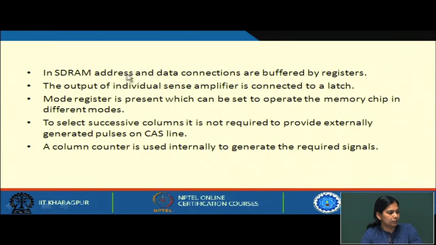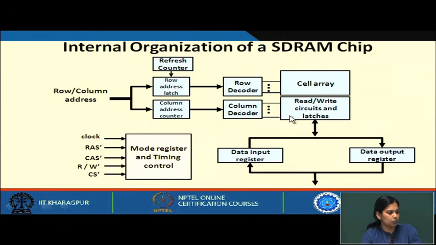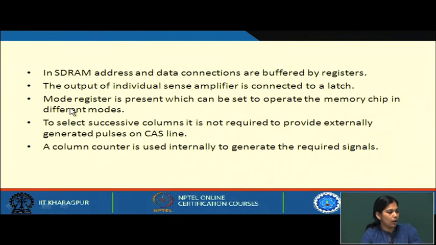So, in SDRAM, the address and data connections are buffered by registers. We have seen that the output of each individual sense amplifier is connected to a latch. A mode register is present, and it can be set to operate the memory chip in different modes.